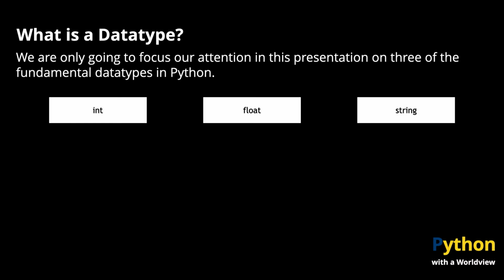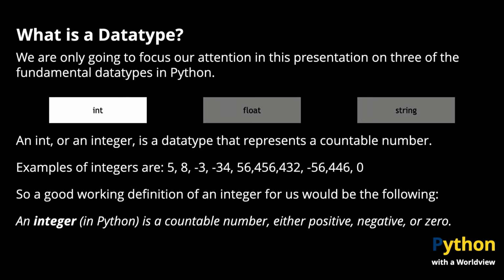Let's talk about int. An int, or an integer, is a data type that represents a countable number. Examples of integers are 5, 8, -3, -34, 56,456,432, -56,446, and even the number 0.